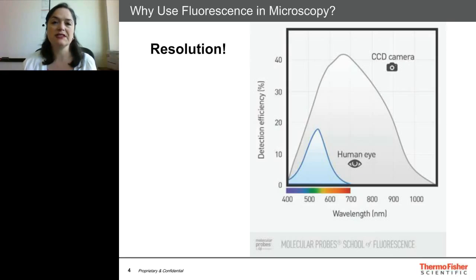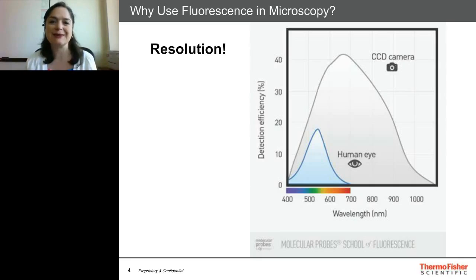acquire the images that we usually acquire in fluorescence microscopy have a much bigger range in both their wavelength and their sensitivity. So what you see here, under the blue peak, is what the human eye can generally see. If you're young, you can see all the way out to 700 nanometers.